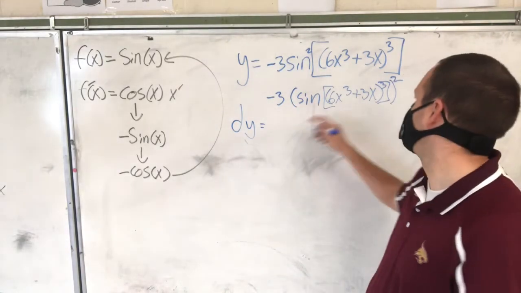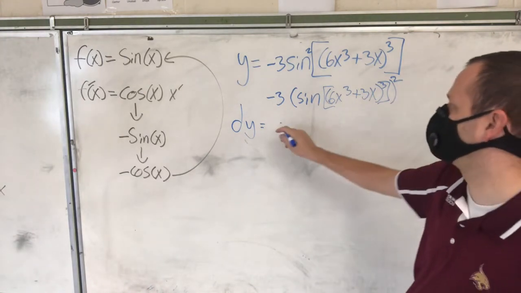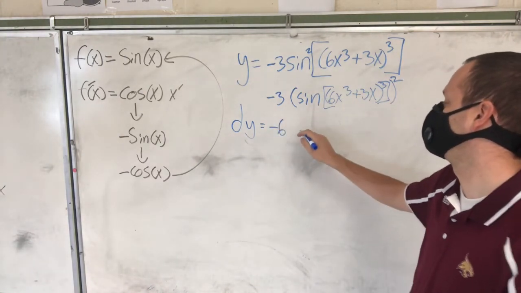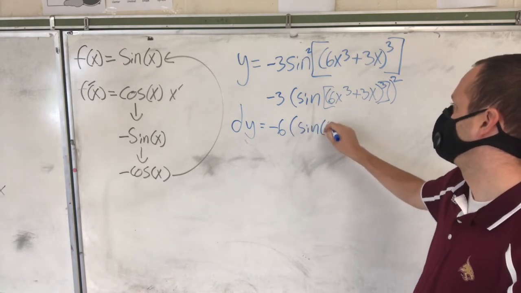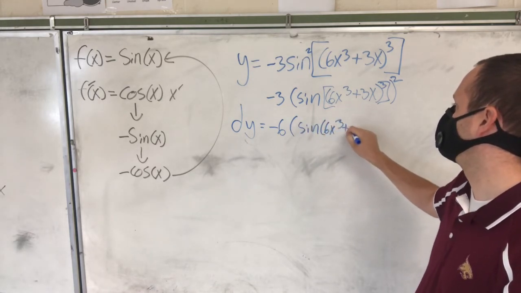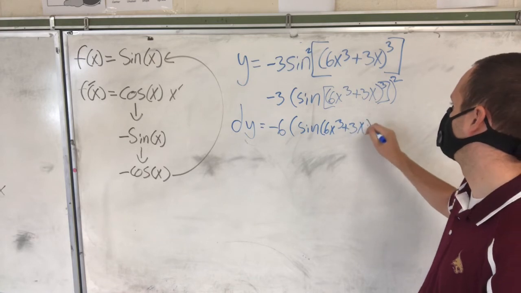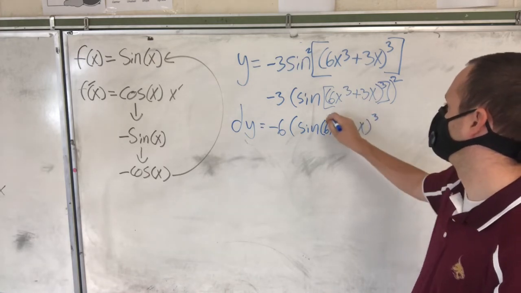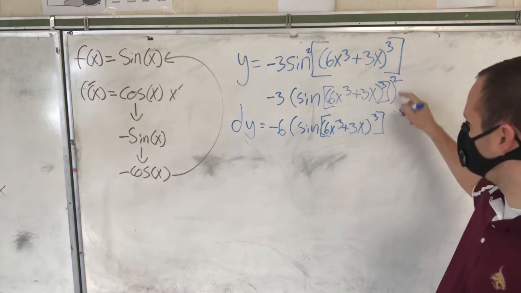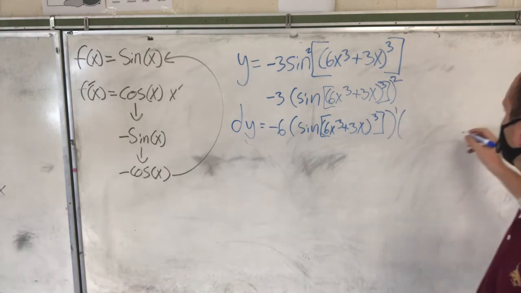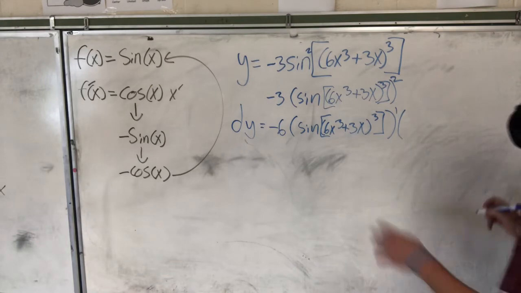So I take the derivative, I'm going to bring that 2 down. That's going to be the first thing I do. I get negative 6 sine of 6x cubed plus 3x, cubed. Then the 2 becomes a 1. Then we're going to multiply that by the derivative of the inside.